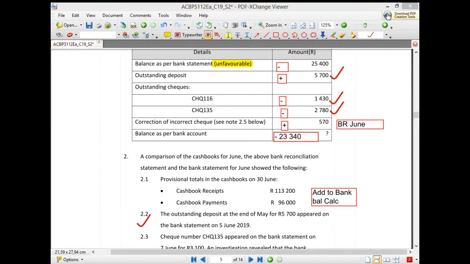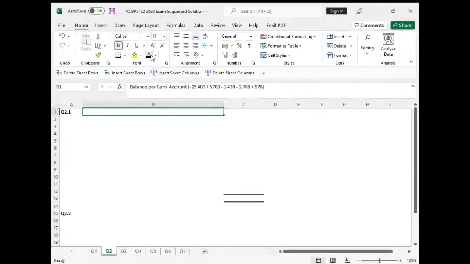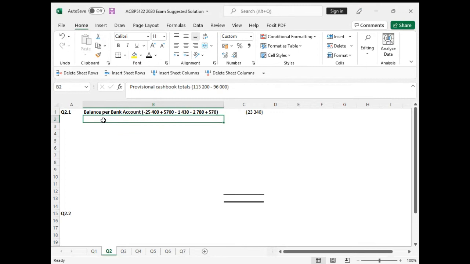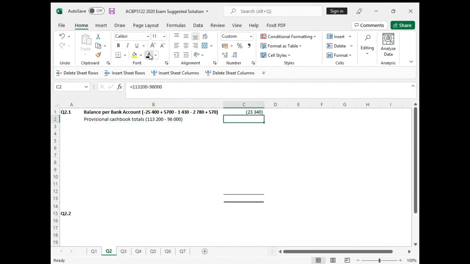I'm just going to quickly share the Excel file with you guys so that you guys can see what I am talking about. Okay, so step 1, we worked out what the balance is. Now the second one we do is we add the provisional cash book totals.